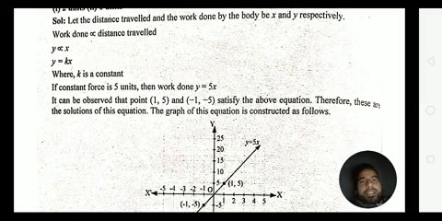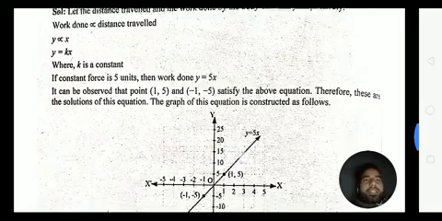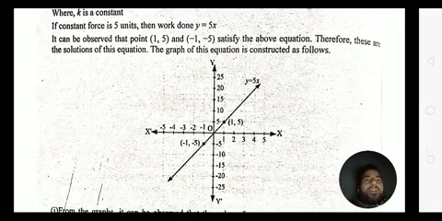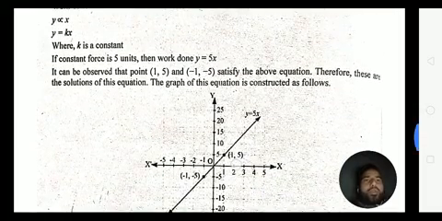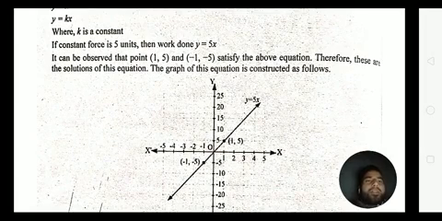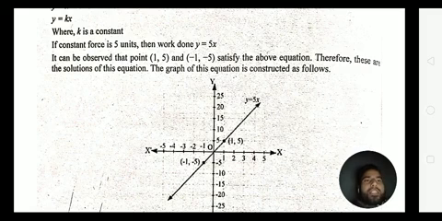If the constant force is 5 units, then work done y equal to 5x. It can be observed that the points 1 comma 5 and minus 1 comma minus 5 satisfy the above equation. This means on putting the values of these points in the given equation, I get LHS equal to RHS. Therefore these are the solutions of this equation.